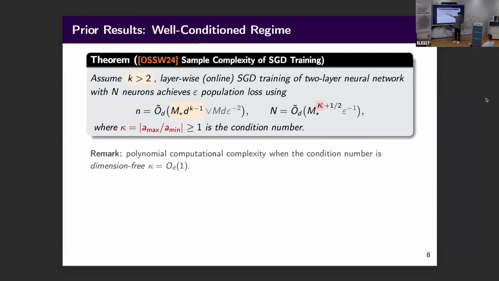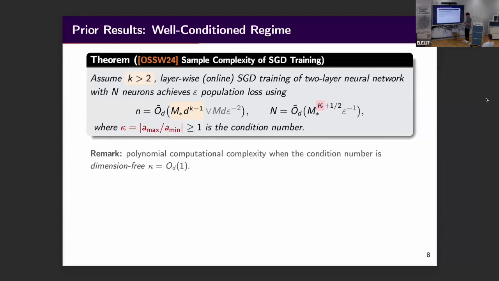This is like learning an ensemble of a bunch of single index models. And n is the width of my student network, so my student is also a two-layer neural network. The width is going to scale as m to the kappa, where kappa is the condition number. If the condition number is constant order, then life is good, and the width of the student model is just poly d.